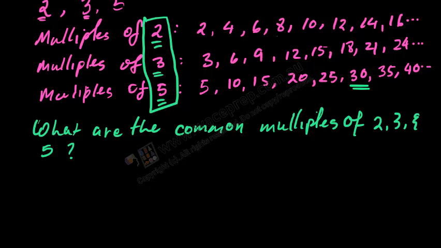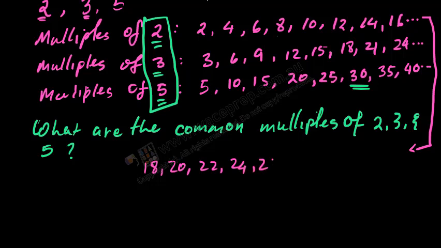So what we'll do is we will write down further numbers of 2, 3 and 5 just to show that 30 is a common multiple. So if we extend the 2's, we have 18, 20, 22, 24, 26, 28 and 30, and then 32, of course, 34 and so on.